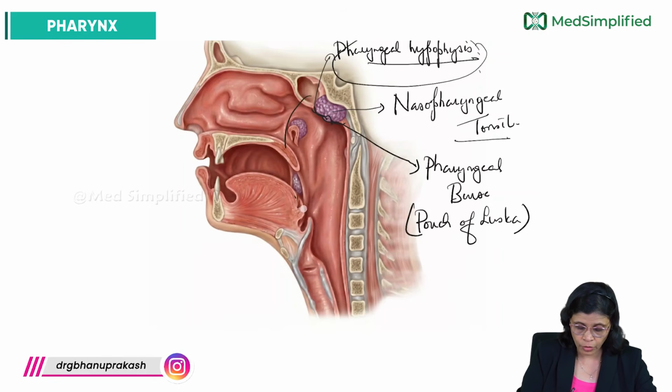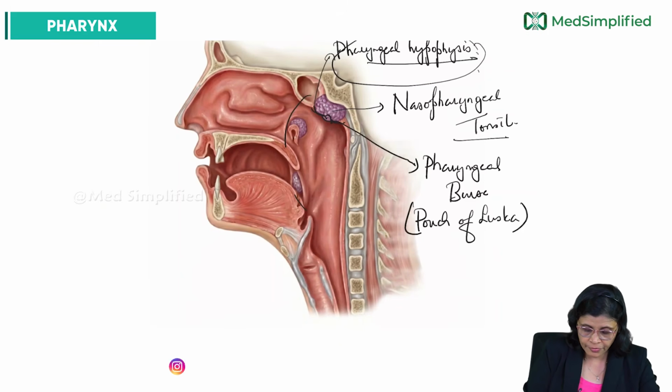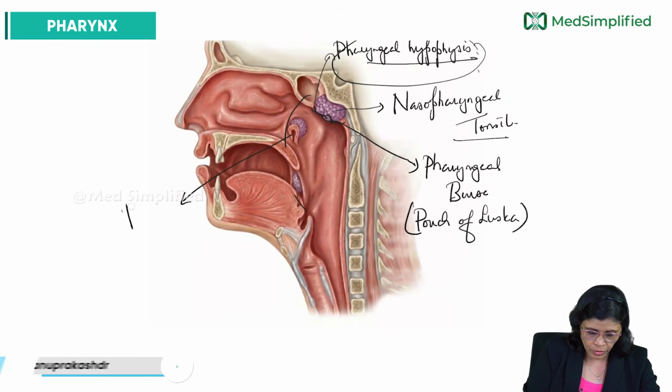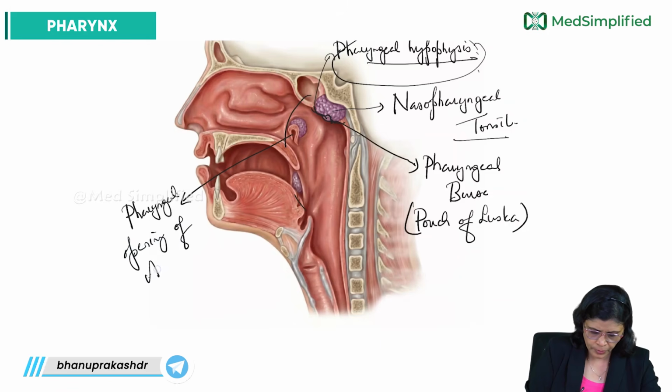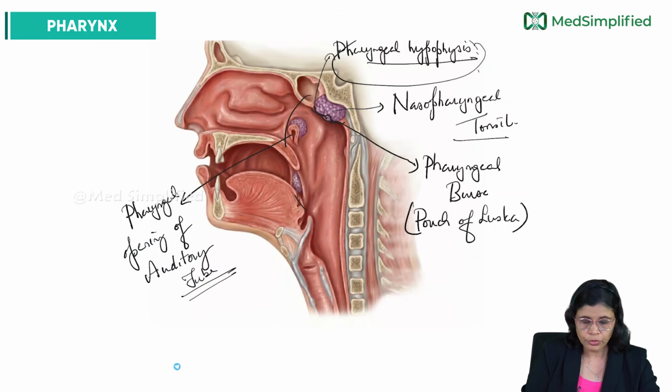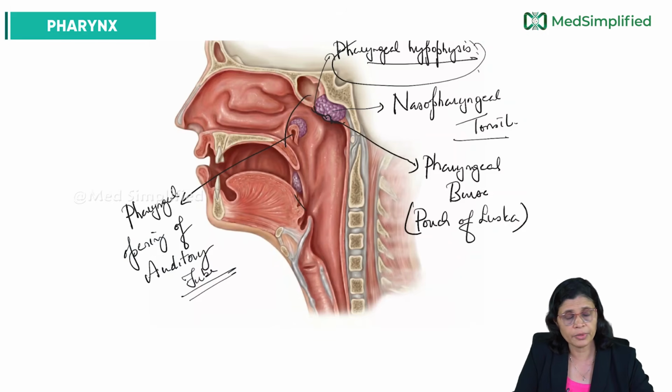Then in the lateral wall we see a few features. One is the pharyngeal opening of the auditory tube. Through this there is communication between the nasopharynx and the middle ear cavity.